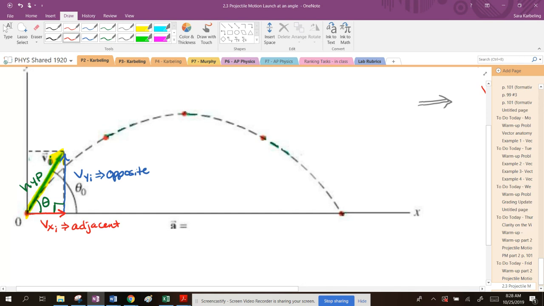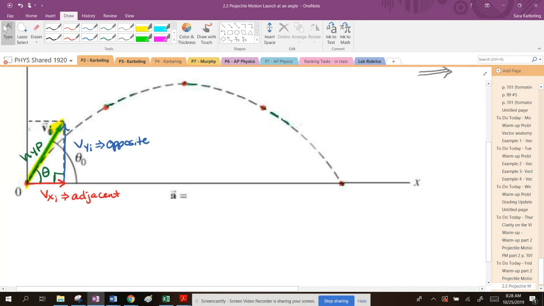From this, we can use our sine, cosine, and tangent. We're going to remember SOHCAHTOA. In order to find the initial velocity in the x direction, we notice that that's the adjacent side, and we know the hypotenuse because we're going to know the initial velocity of the launch. So I'm going to write down the cosine of theta. We're going to remember that's the adjacent over the hypotenuse.